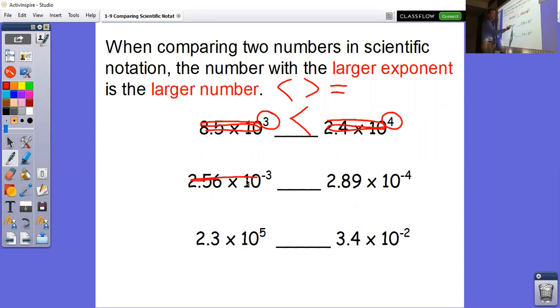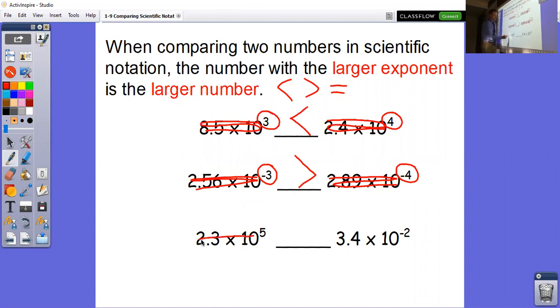Be careful when you have negative numbers. The more negative a number is, the smaller it actually is. Or you can think of it as the farther away from 0 a number is on the number line, the smaller it is. So we're comparing a -3 and a -4. -4 is smaller, so it's going to be greater than.